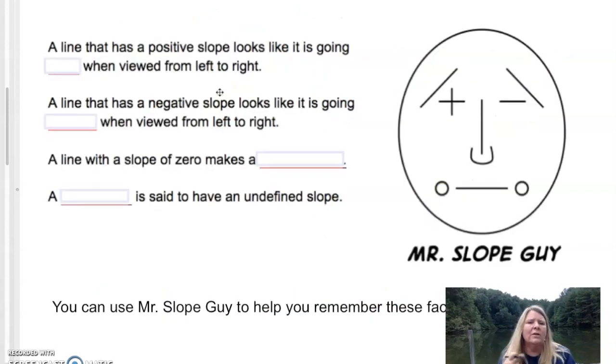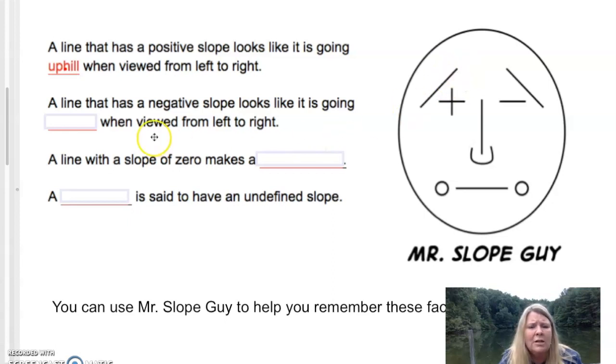In the next slide, there are a couple of very useful things that you need to go back and check when you're looking at these. If you have a line that is positive, when you read it from left to right, it will go uphill. So our little slope guy over here can help you remember that. If it's a positive slope, it should be going uphill.